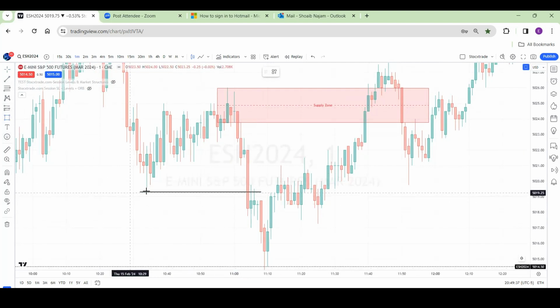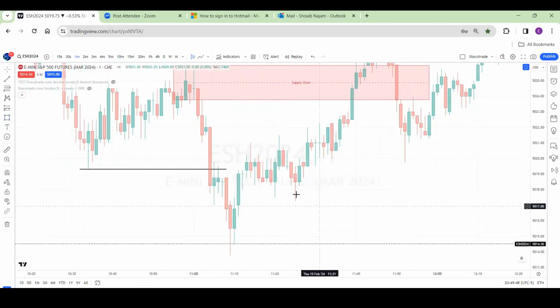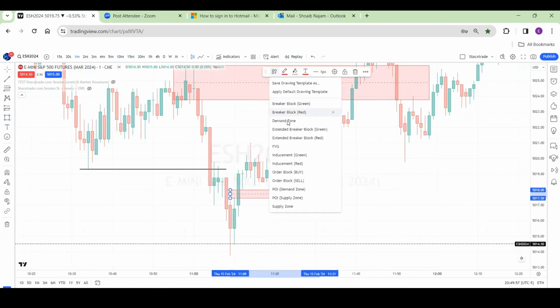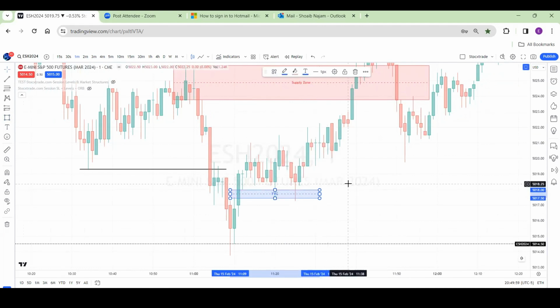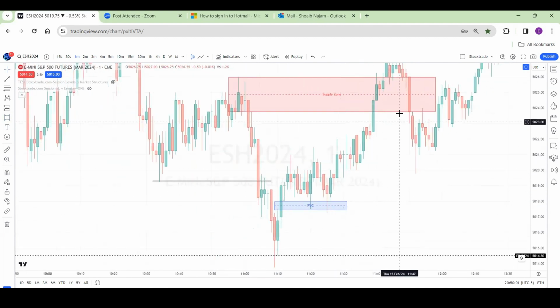Once the price goes into this supply zone, the external liquidity supply zone, there are two things which can happen. First, if there is a fair value gap left behind, because you see this fair value gap has already been filled, then you will see the price come into this fair value gap or this demand zone again.